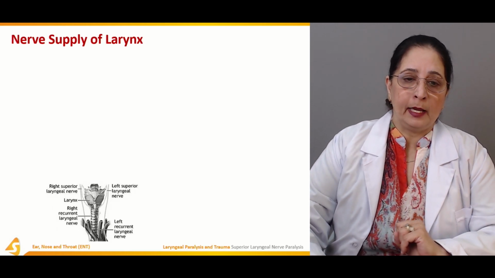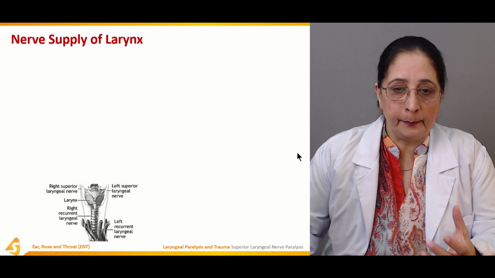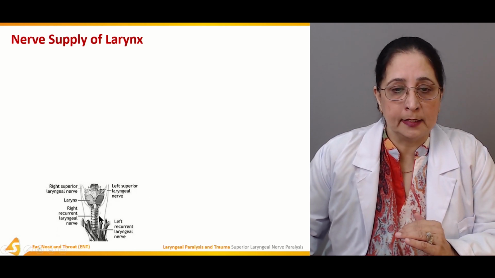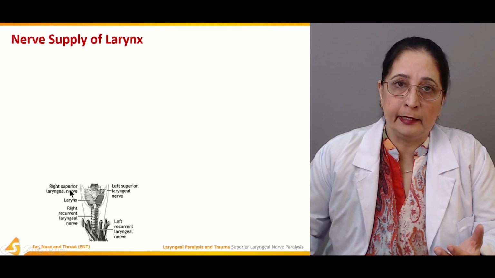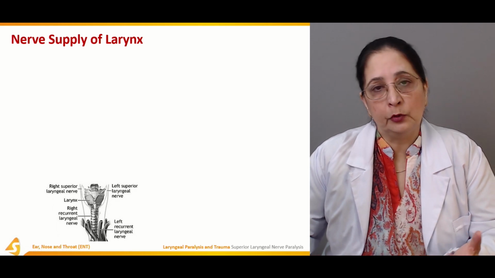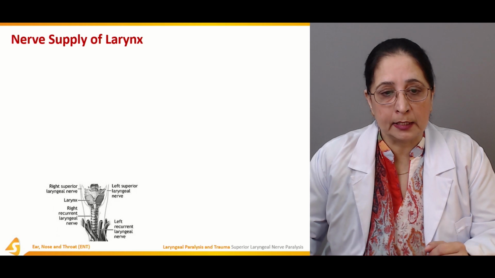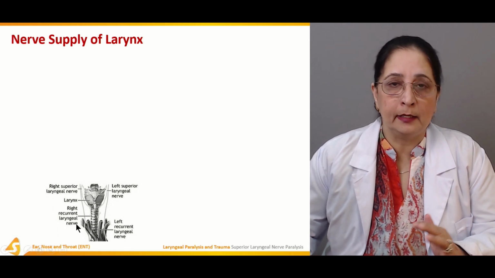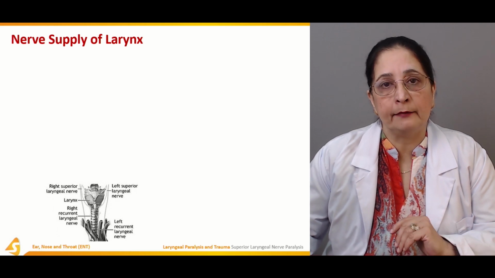So nerve supply of the larynx, it's simple. The two main nerves that supply the larynx are the superior laryngeal nerve, which is both on the right side and the left side. And then we have recurrent laryngeal nerve, similarly on the right and the left side.